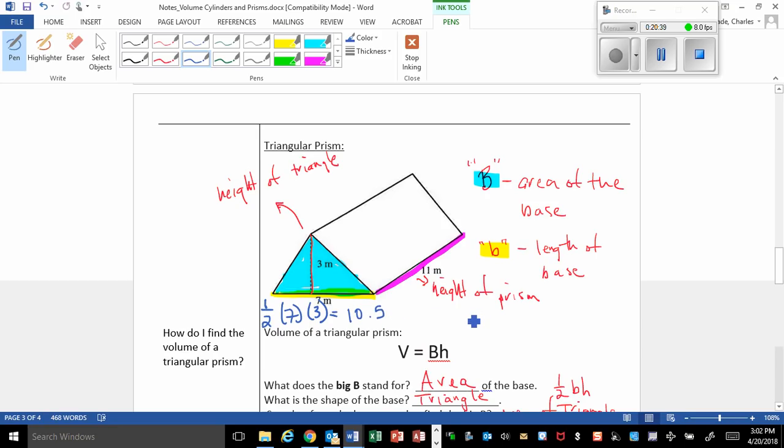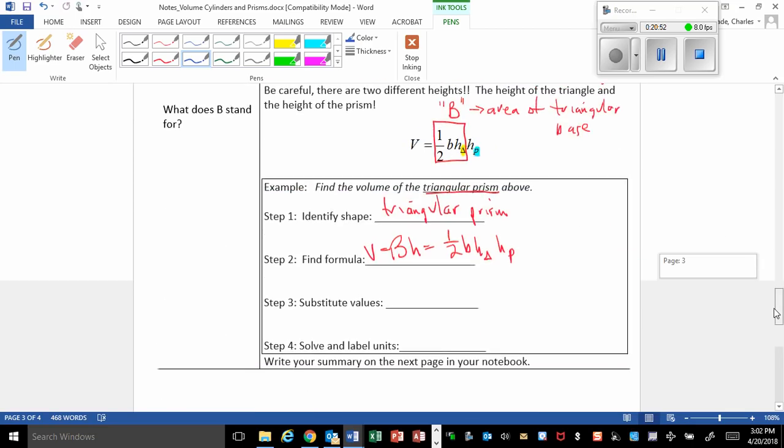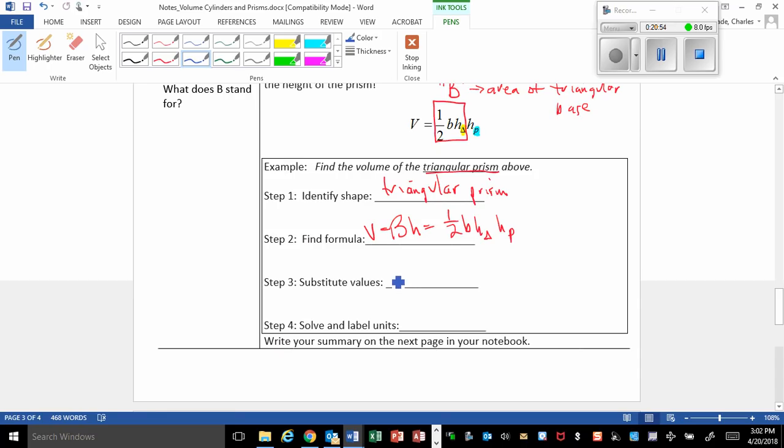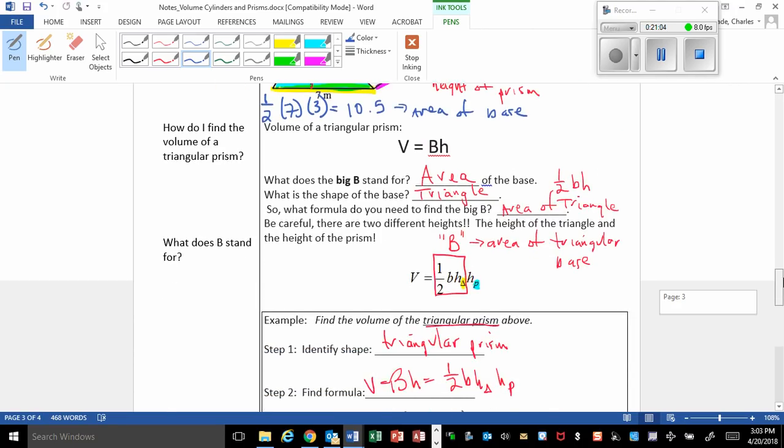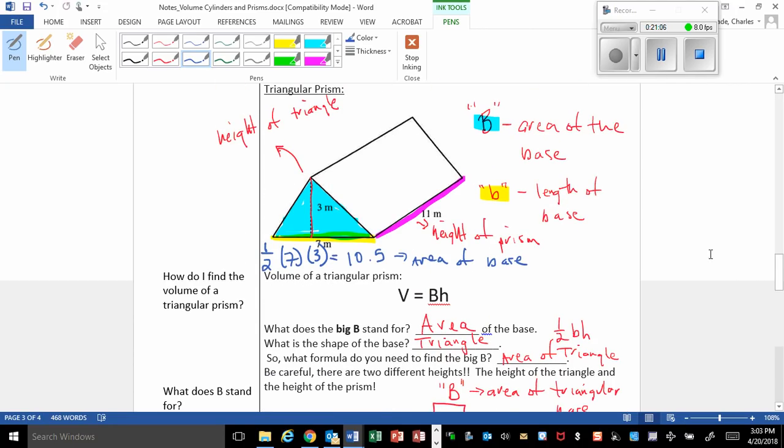All right, so that 10.5 is the area of the base. And then we still have to multiply it by the height, right? So what's the height? The height of the prism, remember, is right here, and that's 11.